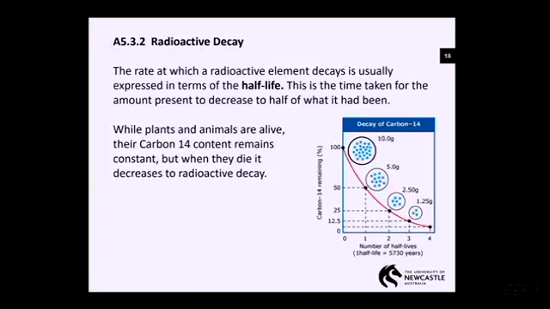So if you started with 10 grams, it takes 5,730 years. And that's particular to that element. So this is just showing you how long. Down the bottom here, this is 3 half-lives. That's more than 15,000 years, all right, for it to get from 10 grams down to 1.25 grams.